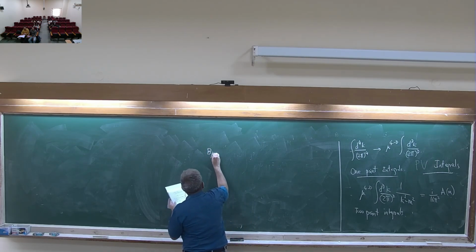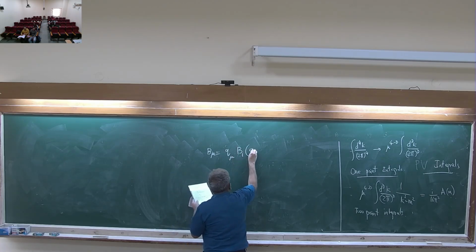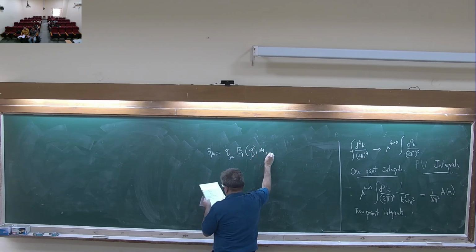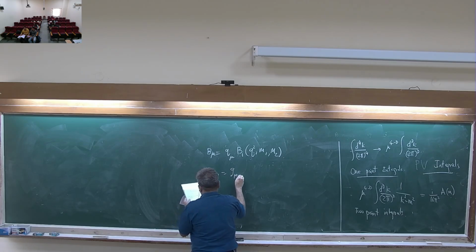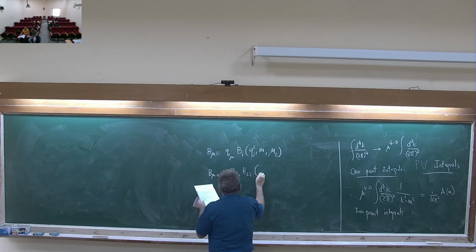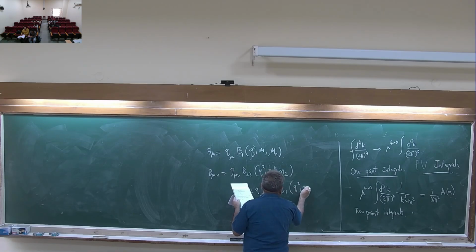So B mu is equal to q mu B1(q square, m1, m2), and B mu nu is equal to g mu nu B22(q square, m1, m2) plus q mu q nu B21(q square, m1, m2).